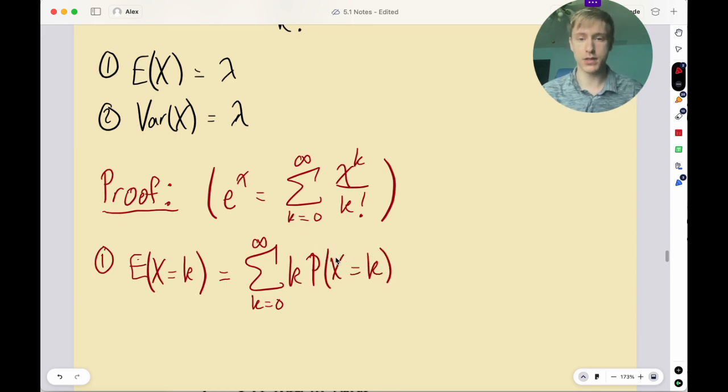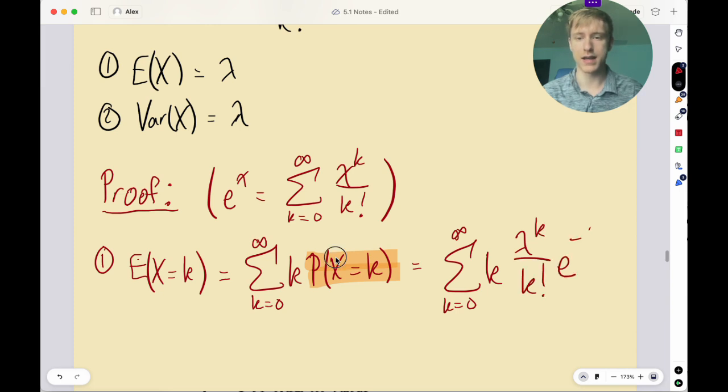Okay, but for the Poisson distribution, remember this quantity here is going to be equal to lambda to the k over k factorial times e to the minus lambda. So this quantity over here was the Poisson distribution.